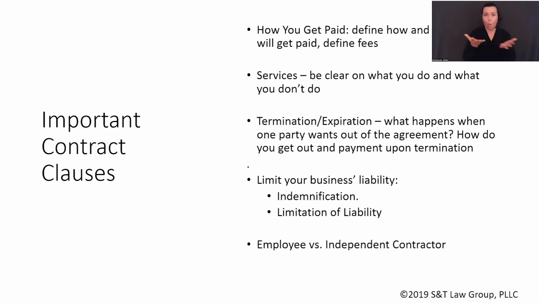So if, for example, you are paying somebody else to do some work for you and somebody sues you as a result of that person's work for you, then the indemnification clause allows you to be protected from work that somebody else has done for you. So you'll see these a lot at the end of contracts. They're usually on the last page, but they're one of the most important ones. And that's what that means.